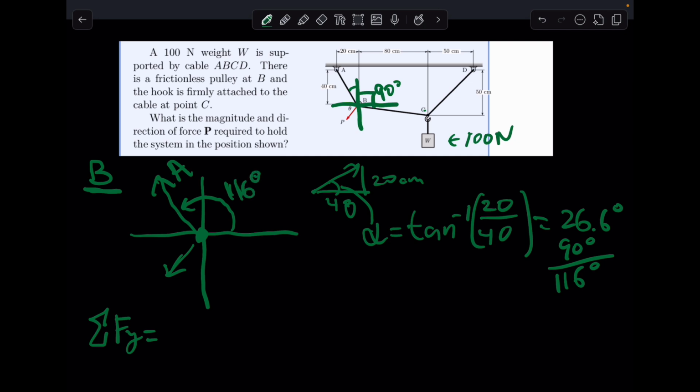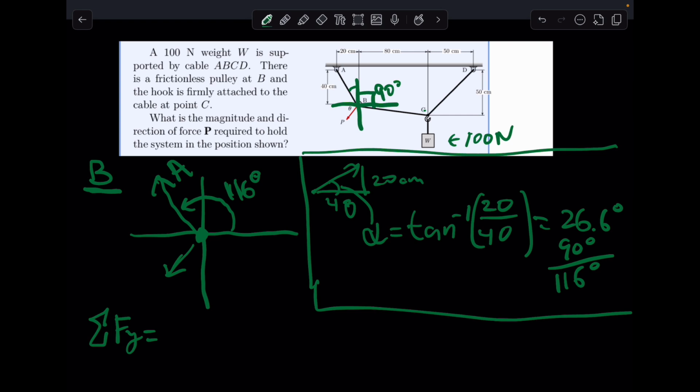Understood? I'm going to erase this for now. This little side note I did is basic trigonometry, and I just wanted to show you how I found that angle, but I think we can get rid of it, or I'm going to leave it for now.